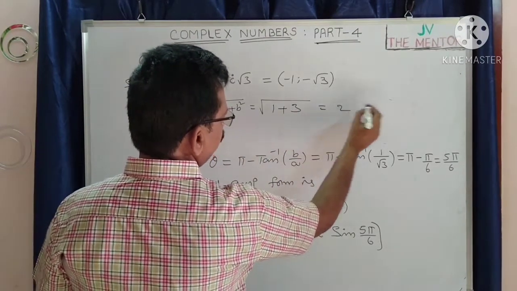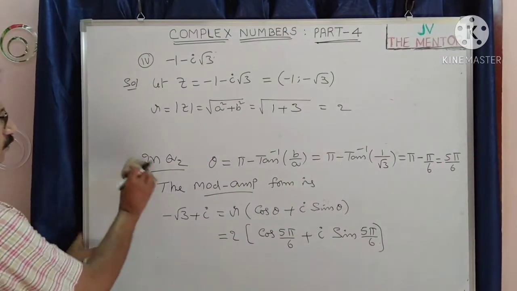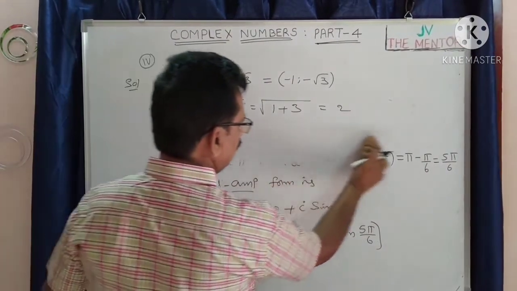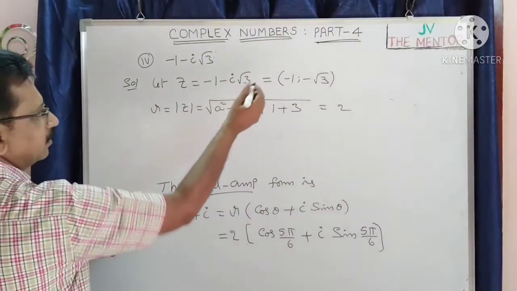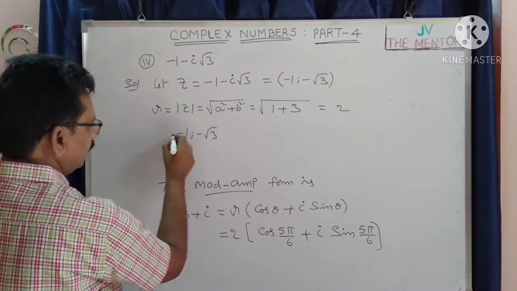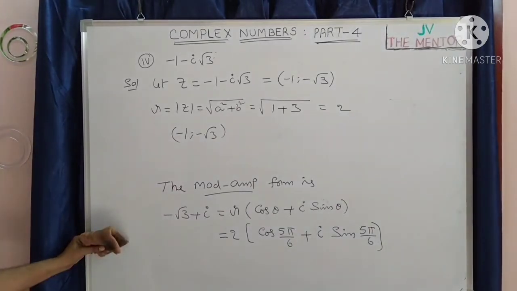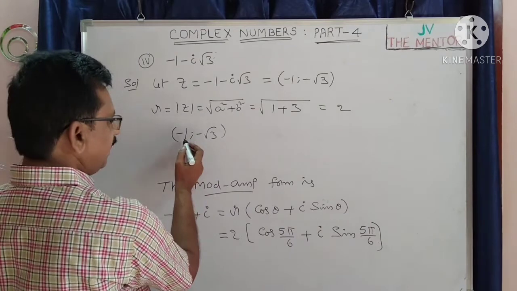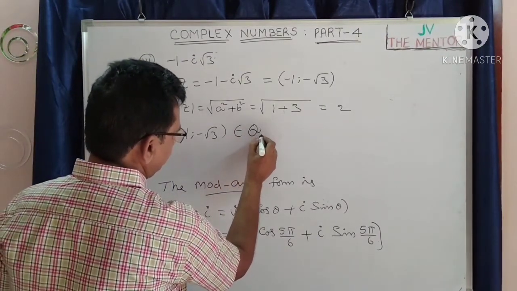So that equal to root 4, which is 2. Now the given complex number, that is minus 1 comma minus root 3, lies in which quadrant? That is in the third quadrant. So minus 1 comma minus root 3 belongs to Q3.